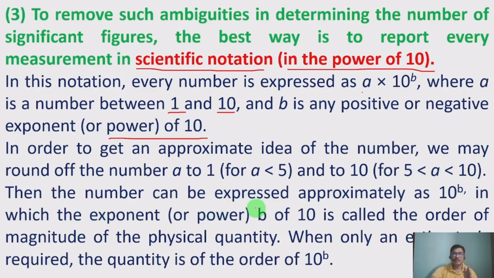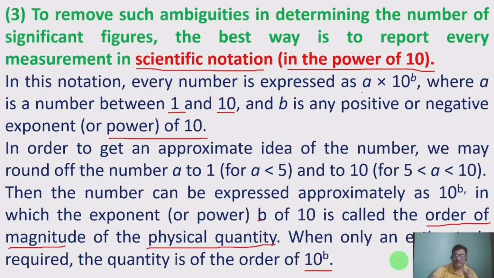Then the number can be expressed approximately as 10 raised to b, in which the exponent or power b of 10 is called the order of magnitude of the physical quantity. When only an estimate is required, the quantity is of the order 10 raised to b.